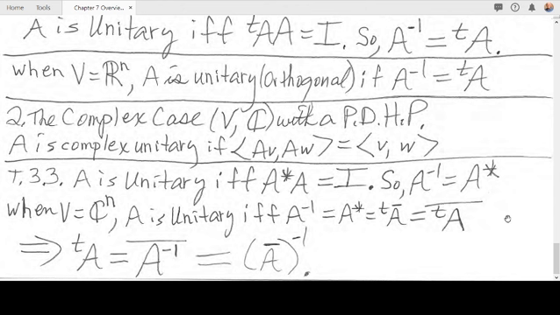That is, a real matrix is orthogonal, a complex matrix is unitary, whenever its columns form an orthonormal set. That is, the columns of the matrix are mutually perpendicular and have unit length, norm 1. That concludes the overview of Chapter 7.